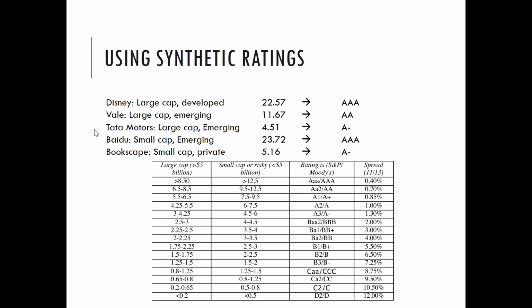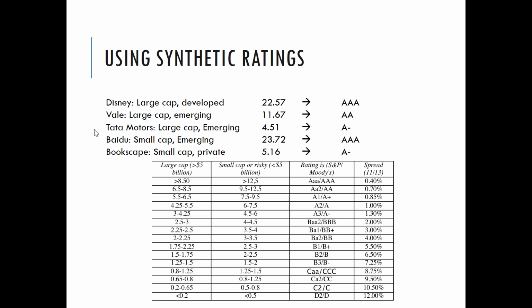So for example, if you're looking at a AAA rating, for a small firm to have a AAA rating, they need to have an interest coverage ratio of about 12.5. For a large cap, they need to have above 8.5. So there's essentially a different standard. Similarly, if you're looking at an emerging versus developed nation, people will generally have higher expectations of you in order to get a AAA rating.